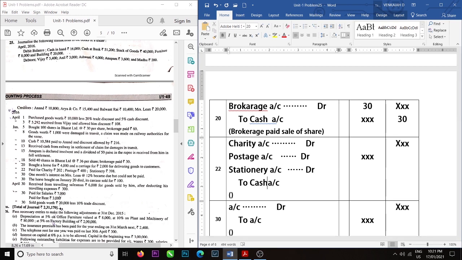All expenses have to be debited according to the nominal account. 202, 400, 398. 398 plus 202 is 600, total 1000. Expenses paid in cash.